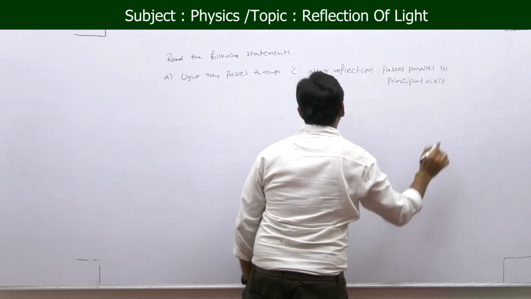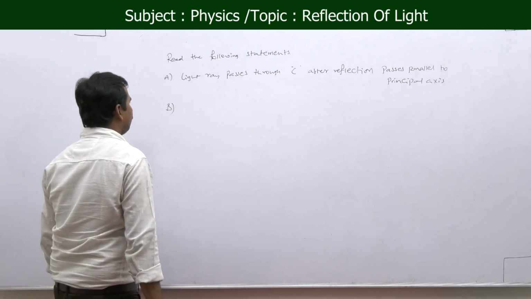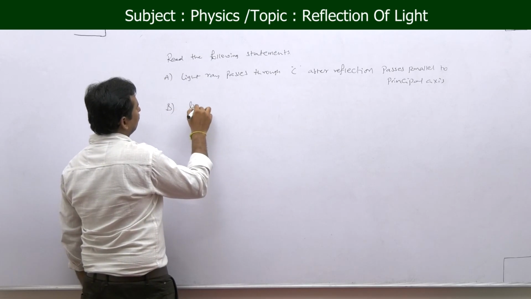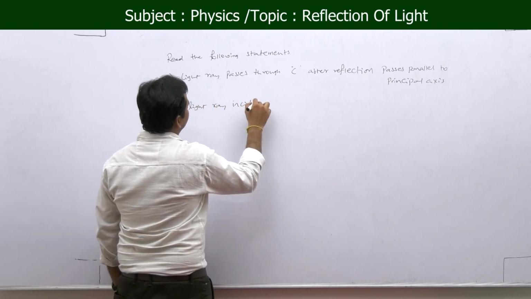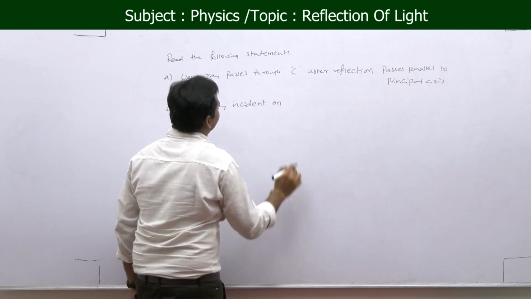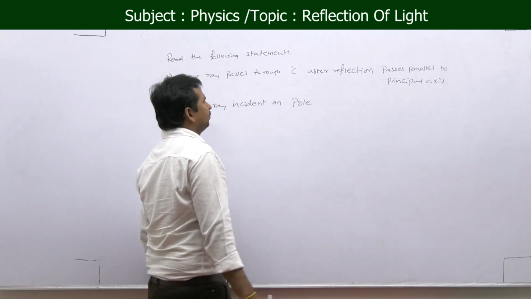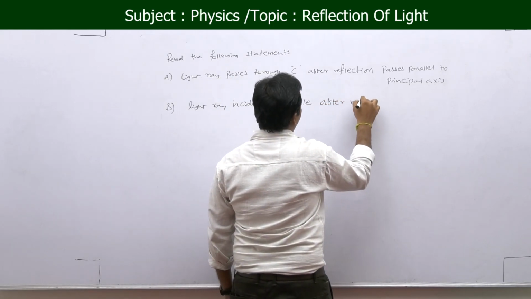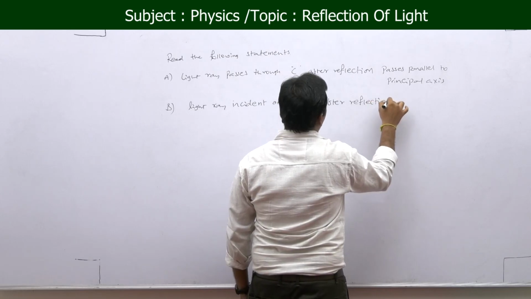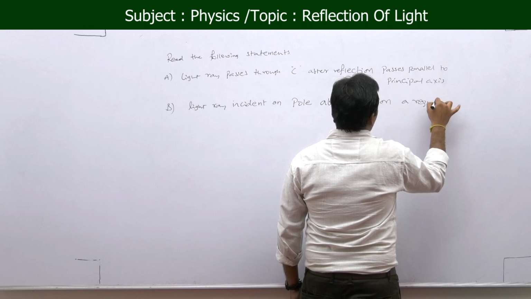And statement 2: a light ray incident on the pole of any spherical mirror, after reflection, a regular reflection takes place.